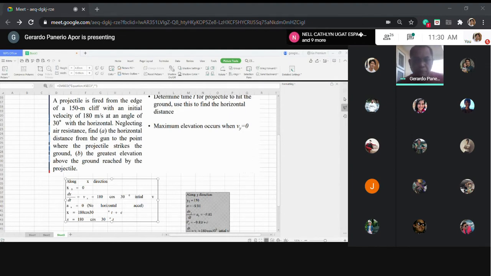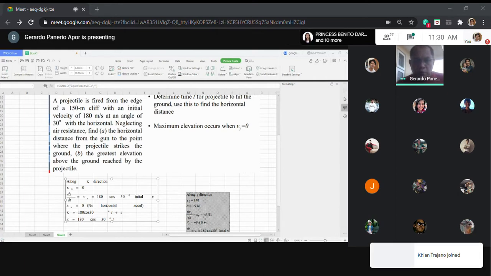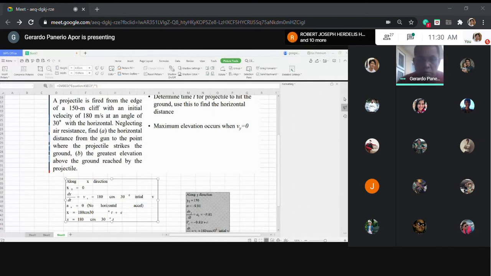And we know also that dy/dt is equal to v subscript y, and that is equal to 90 minus 9.81t.